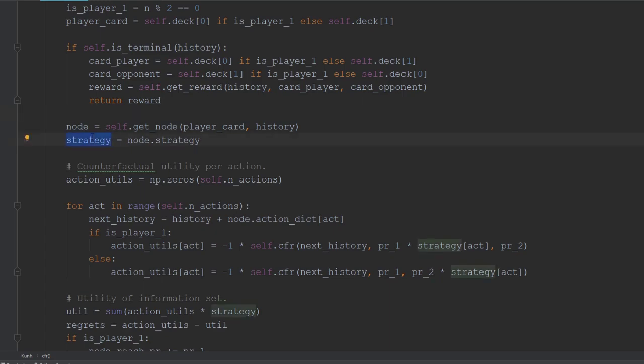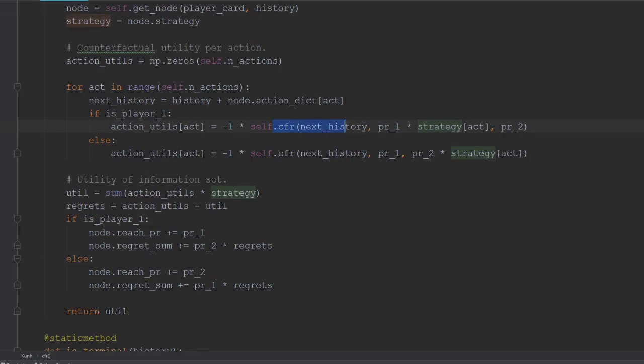We get the strategy from the node, and then we're going to recursively call this CFR function, and this is going to return us the reward. Now each time we go up the game tree, we're going to multiply it by -1, and that's because if player 1 has a reward of 1, player 2 will get a reward of -1 for losing the game. So every time we go up a step, we multiply it by -1.